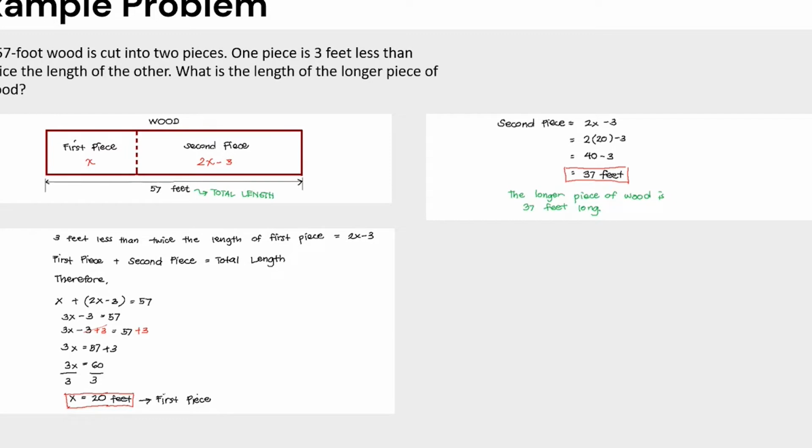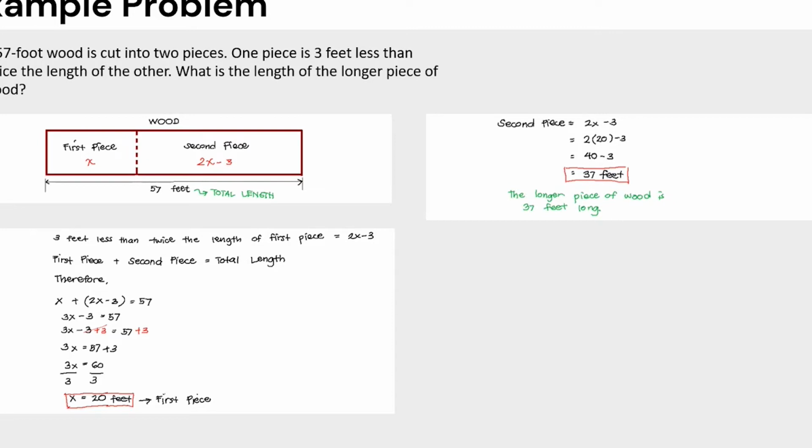So yung solution niya is x plus quantity 2x minus 3 is equal to 57. Distribute yung x and 3x minus 3 is equals to 57. And then 57 plus 3 magiging 60 divided by 3, magiging x natin is 20 feet.